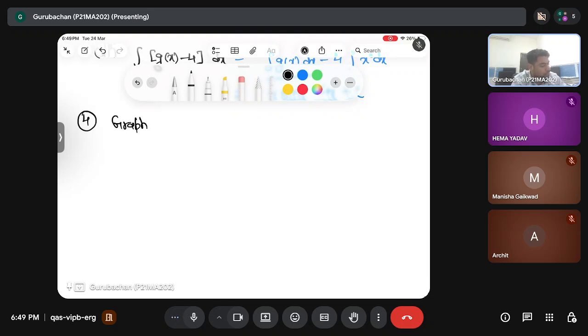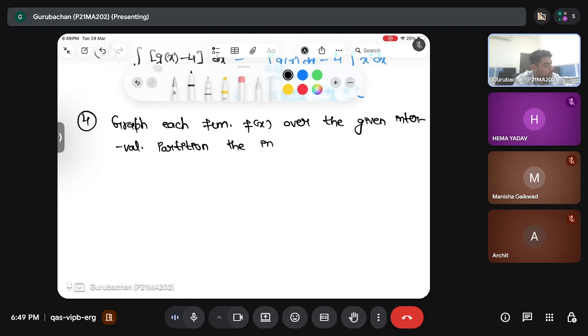Graph each function f(x) over the given interval and partition the interval into 4 subintervals of equal length.